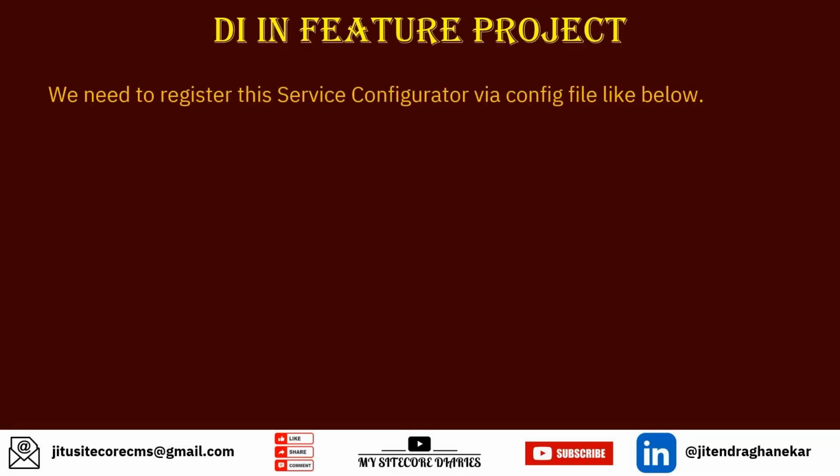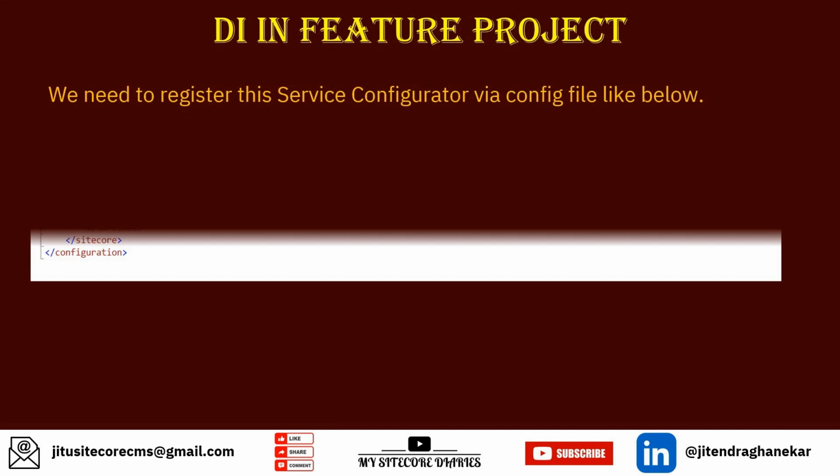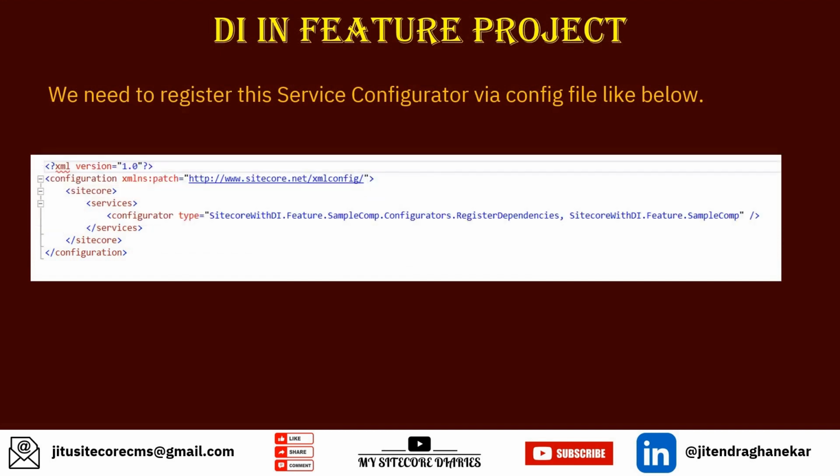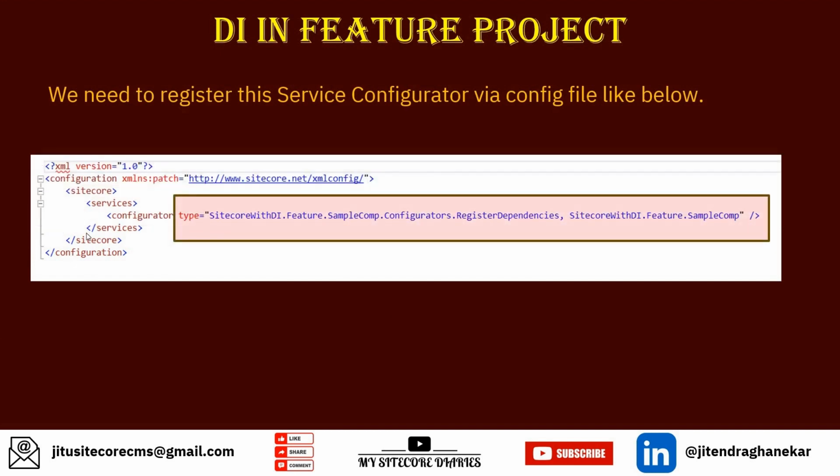So once you create this class, you have to register the service configuration. Okay, so now this is a class you have defined, but you have to register it in the configuration. How will you do it? You have to create a patch file. Okay, so this is your patch file. In your Sitecore services configurator, you will add a new configurator here, where you will say which is your configurator class.